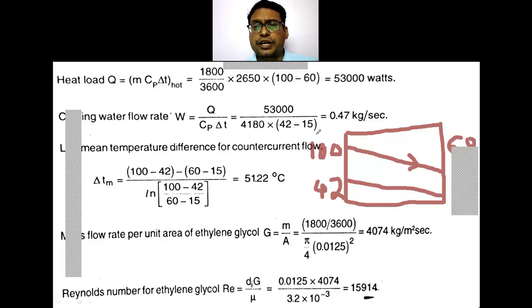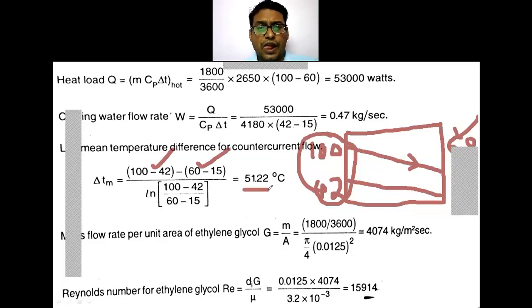So the temperature difference delta T1 is 58 degrees Celsius, taken in this, and delta T2 is 60 minus 15, that is 45, taken as delta T2. So the log mean temperature difference comes as 51.22 degrees Celsius.